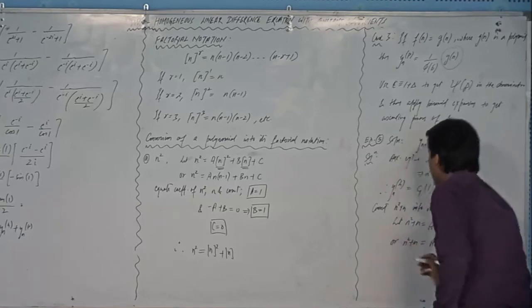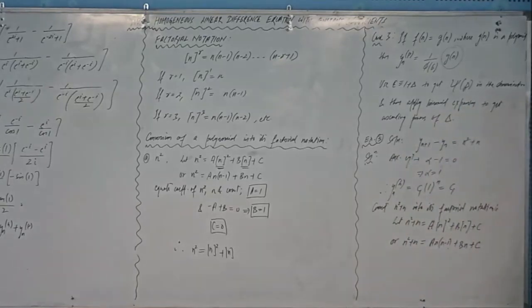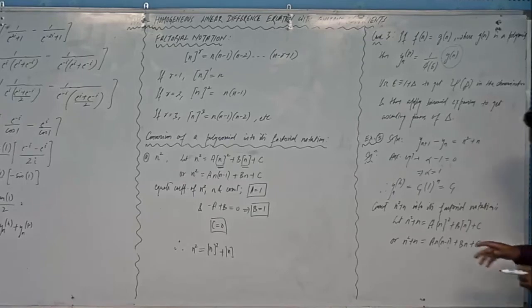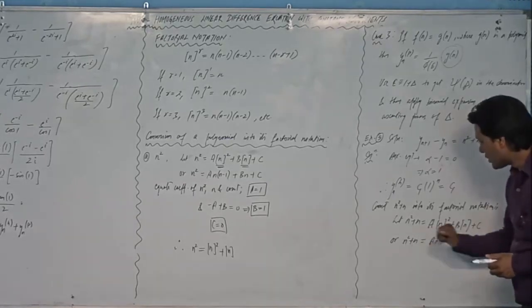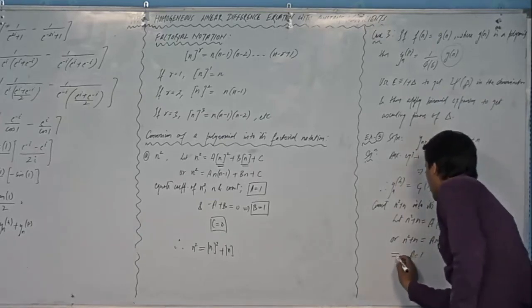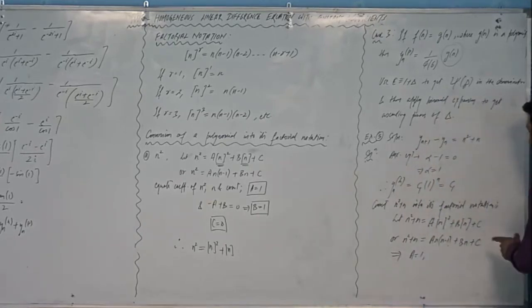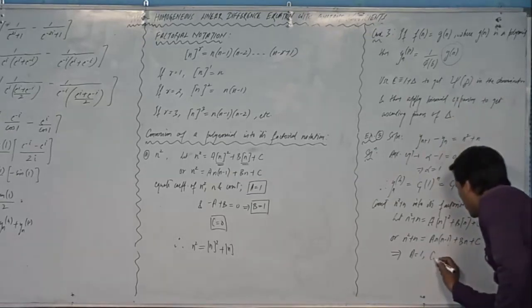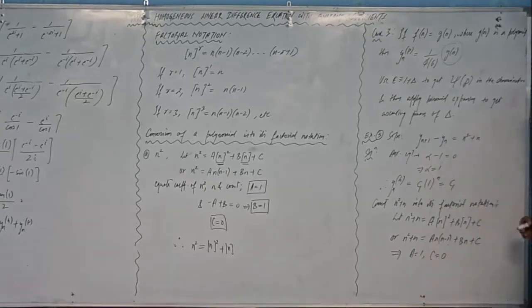Now I will compare the coefficients of n square, n and the constant. Comparing the coefficients of n square, I get a equal to 1. Comparing the constant terms, the constant is c and there is no constant on the other side, so c equals 0. Now b is remaining.